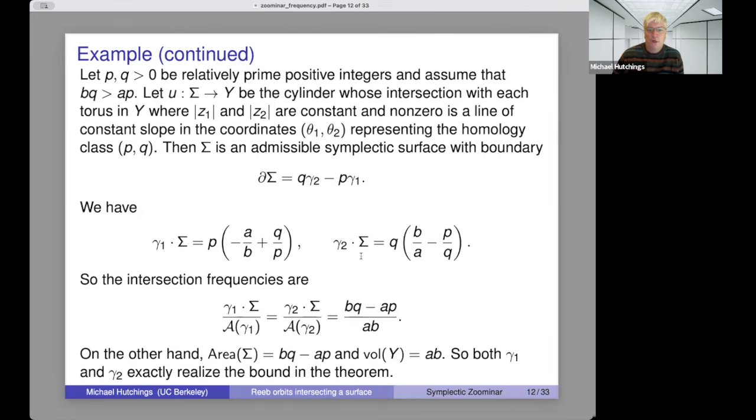So if you start near gamma 2, well, the Reeb vector field is rotating theta 2 at speed 2 pi over, sorry.